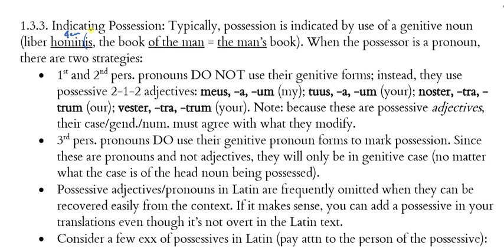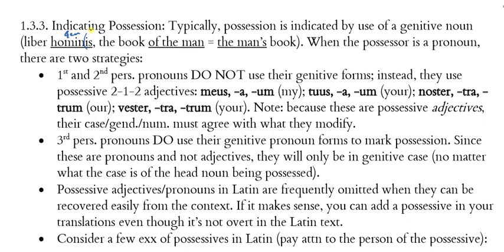In first and second person pronouns, Latin does not use the genitive forms to indicate possession when the possessor is a first or second person pronoun. Instead, they use the possessive 2-1-2 adjectives that we've already learned. Meus, mea, meum, my; tuus, tua, tuum, your, you singular; noster, nostra, nostrum, our; and vester, vestra, vestrum, your or y'all's, you plural.